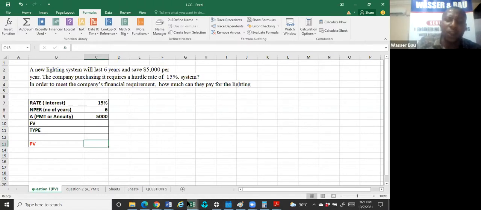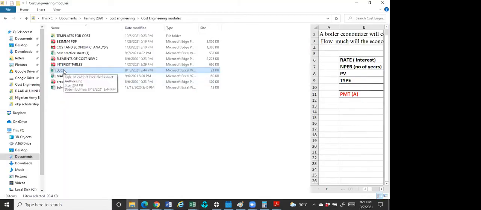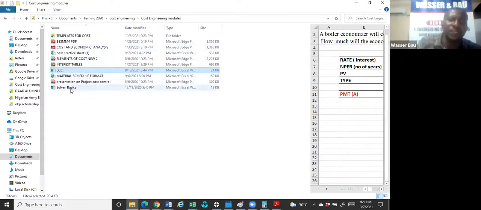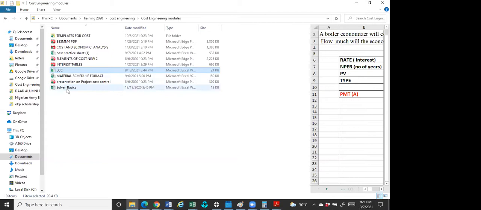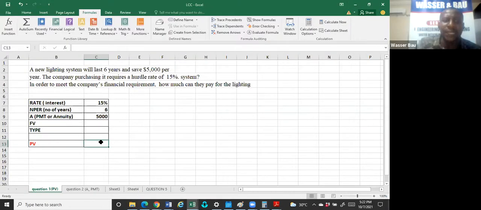Open the file called LCC in your material. Okay. There are 3 Excel sheets. One is cost practice, that is for tomorrow's class. One is LCC. The other one is solver base. So open LCC. Then under LCC, clean everything in red because everything in red is the solved solution. So clean it.